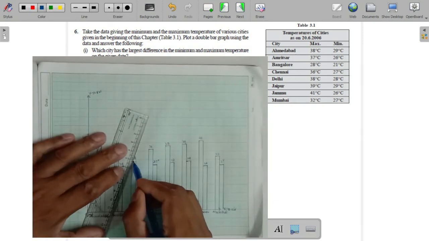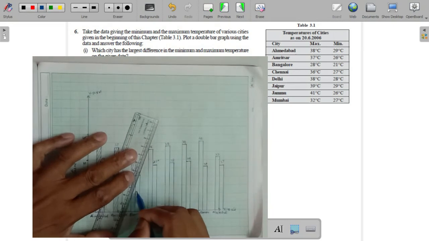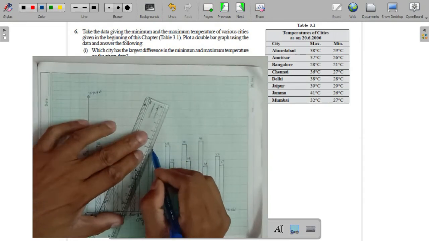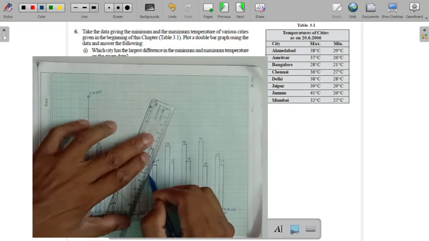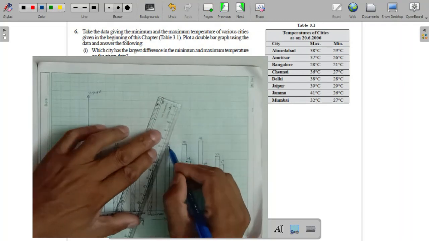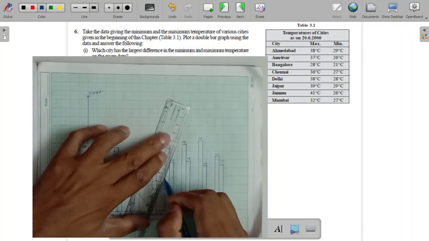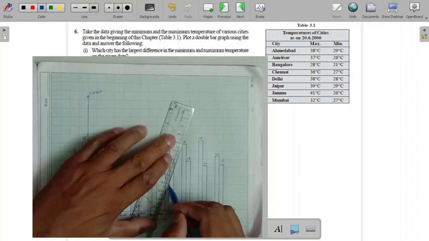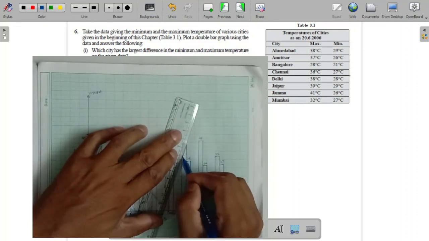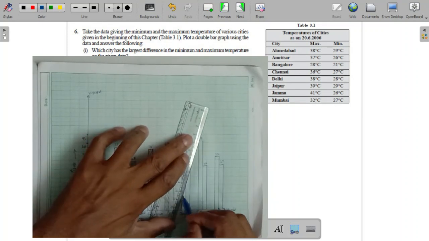Then set the first rectangle in all the double bar graphs.